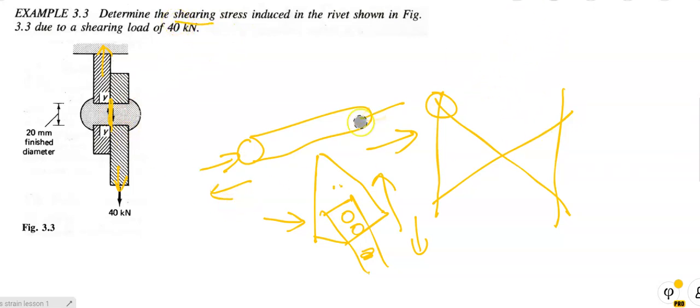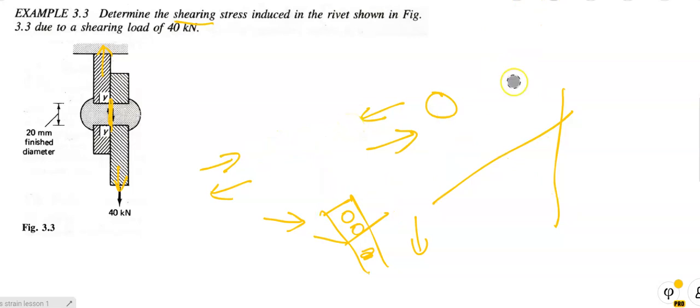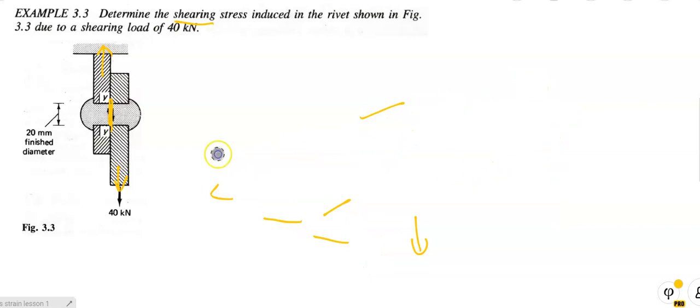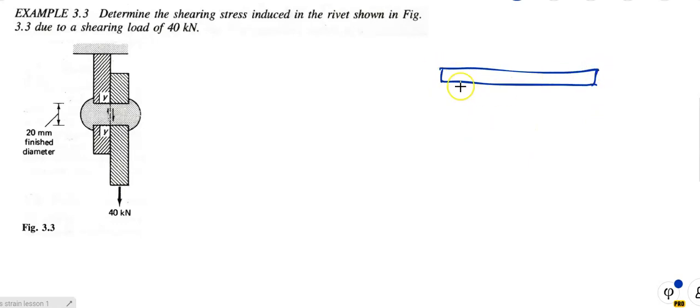Let me just mention shearing stress somewhere else quickly also. Let's say we had a beam like so, and we had a column like so. The beam is loaded up.